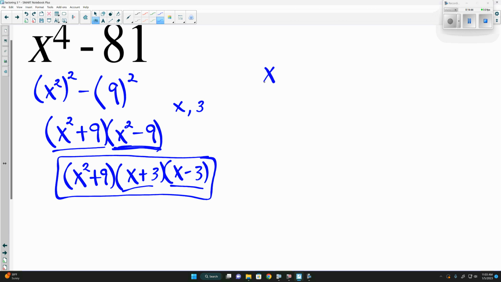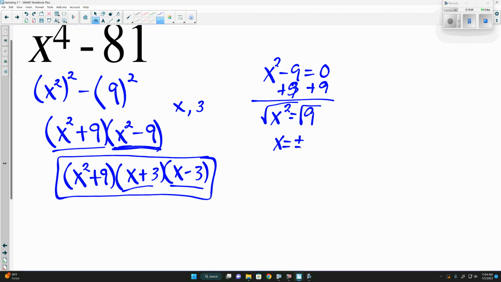So if we were to solve x squared minus 9 and work it out, we would add 9 to both sides, telling us x squared is equal to 9. Square root both sides, telling us x is equal to plus or minus 3. We're good with that.